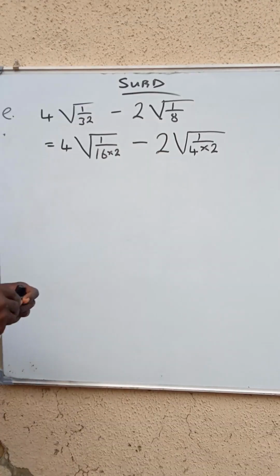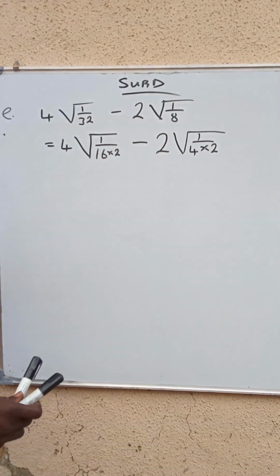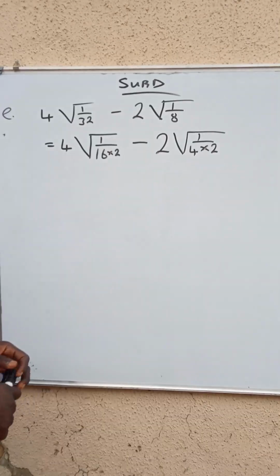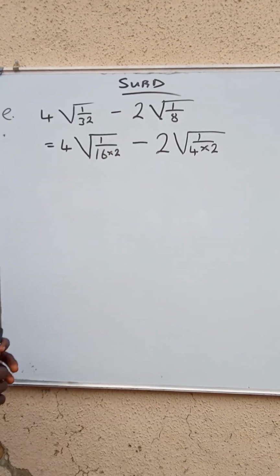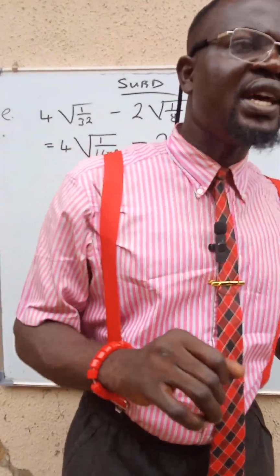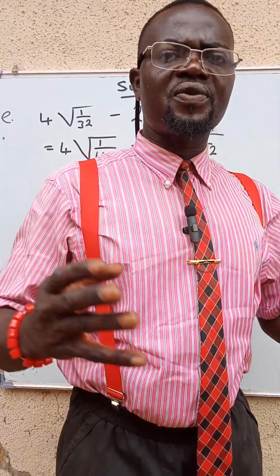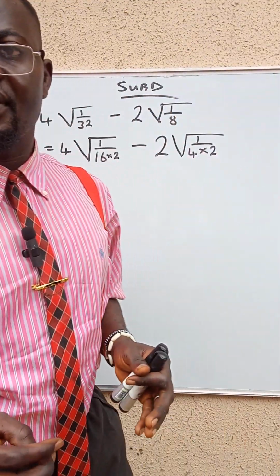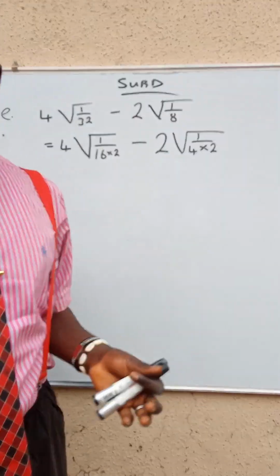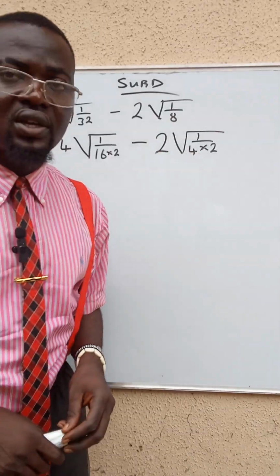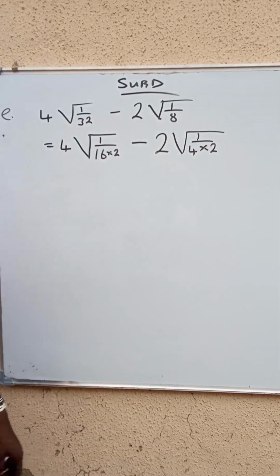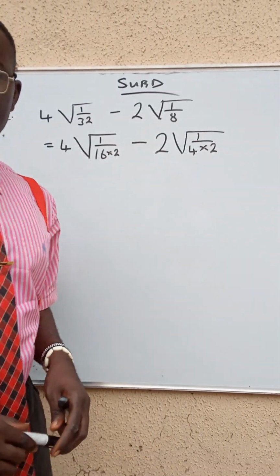I told us from the beginning, in simplifying this kind of question, what you need to do is very simple. You look at the number given to you. Is there any one that if you can separate, you can find the root directly? Just like when we have 162, I found out that 81 times 2 will give me 162. And 81, I can find the root. So this very one, when I'm seeing 32, 16 times 2 will give me 32. And I can find the square root of 16.